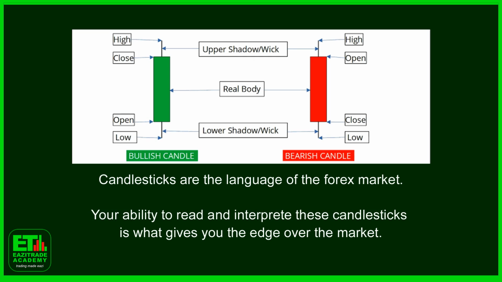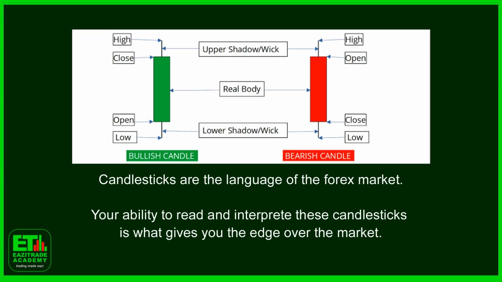When we are in a downtrend and we are in a very strong demand zone, when you see these candles, it's a signal that the market is about to change direction.